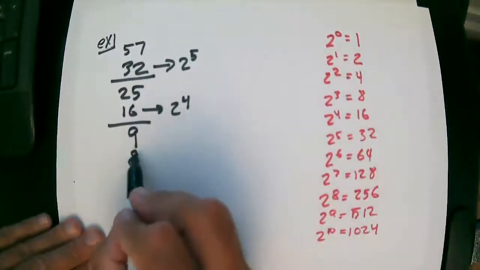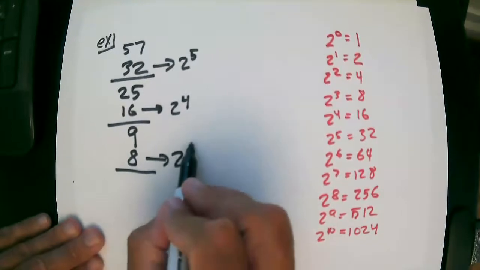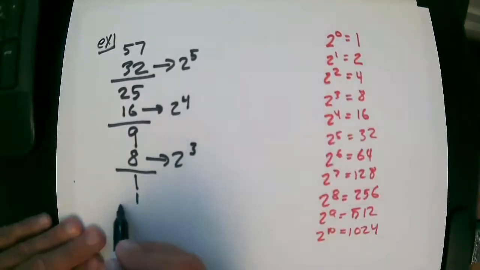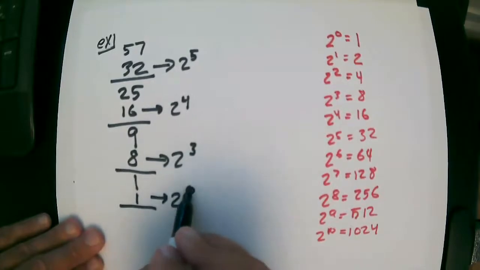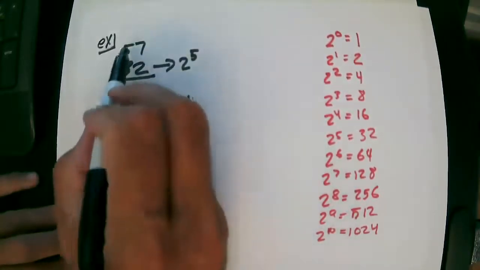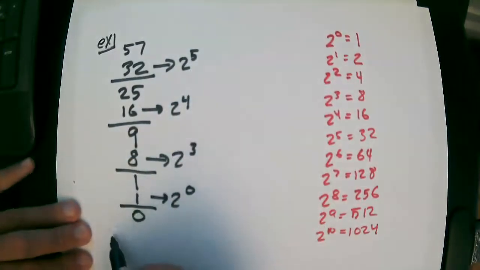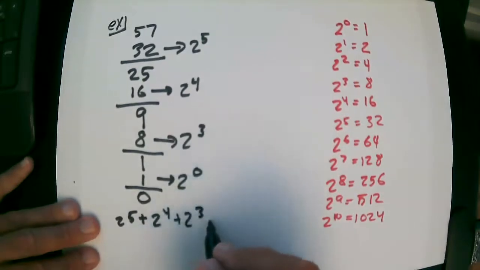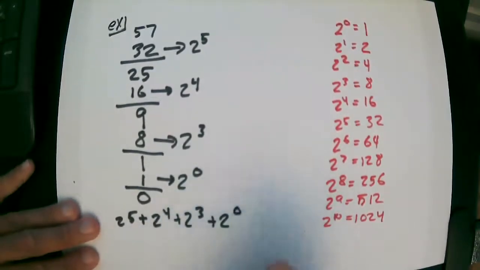I can take away an 8, which is a 2 to the 3rd power, leaves me with 1. And then I can take away a 1, which is a 2 to the 0th power, and I have nothing left. And so 57, what I've learned is I can express it as 2 to the 5th plus 2 to the 4th plus 2 to the 3rd plus 2 to the 0th.